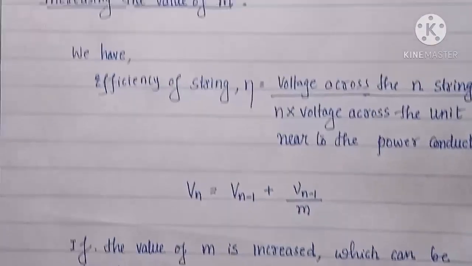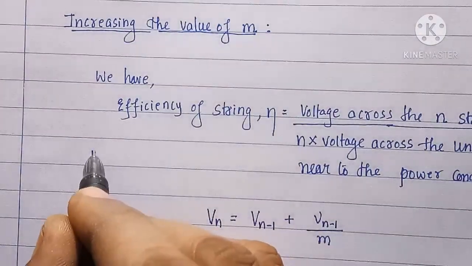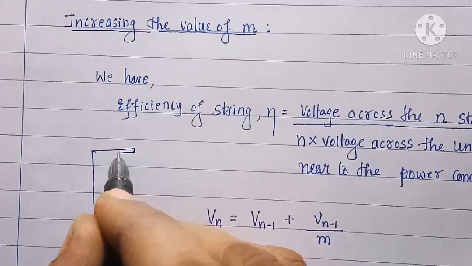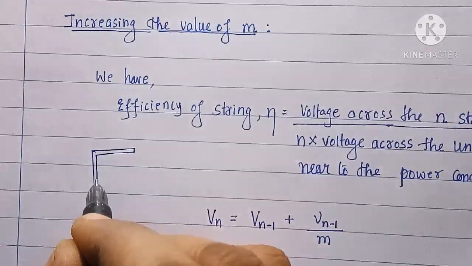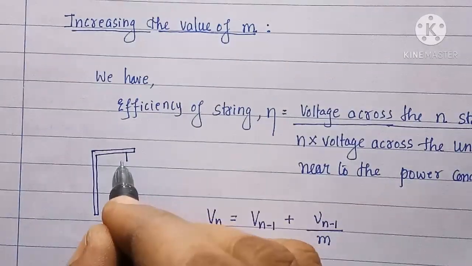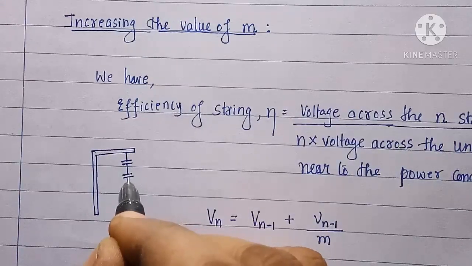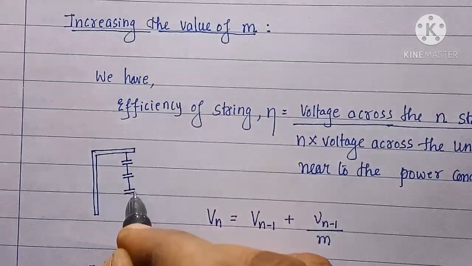You have seen the cross arm. On the pole there will be a cross arm like this. And equivalent capacitance of the insulator units we show like this.